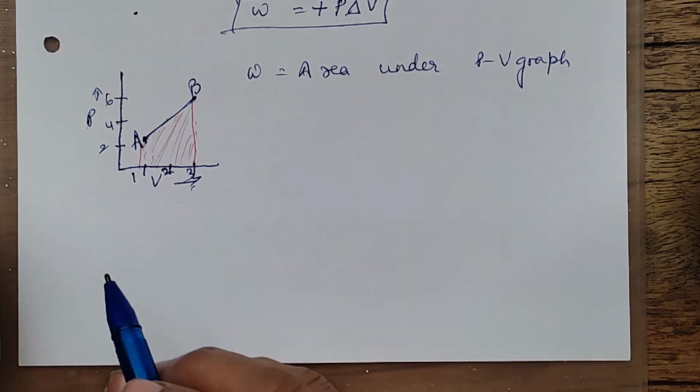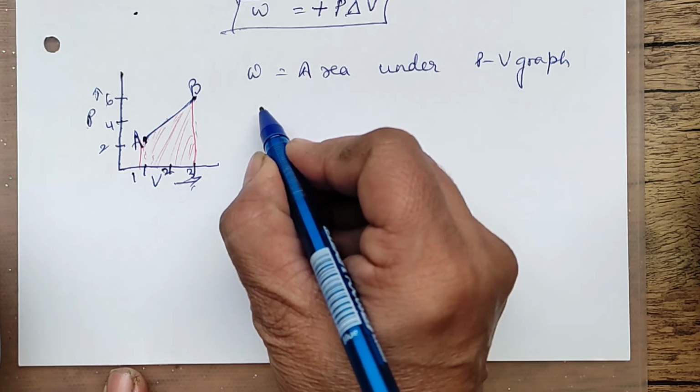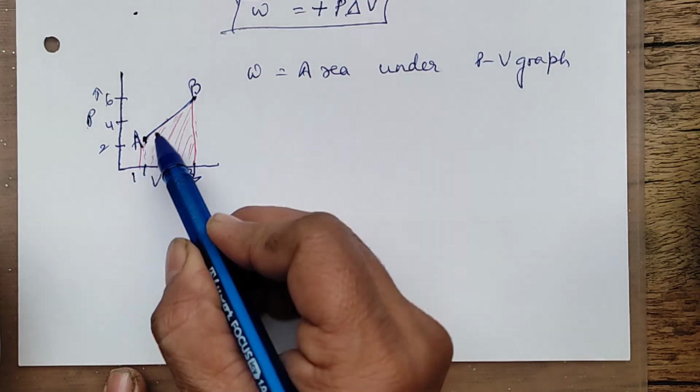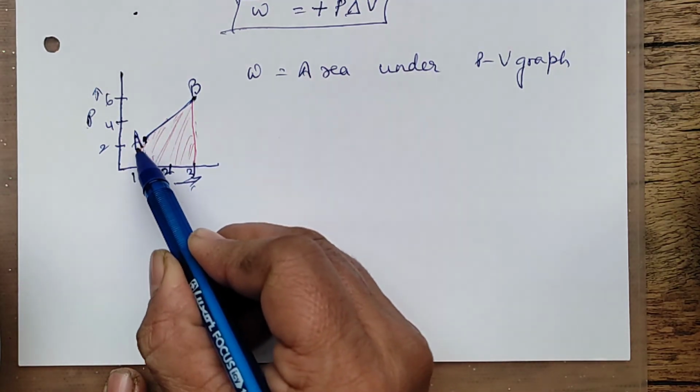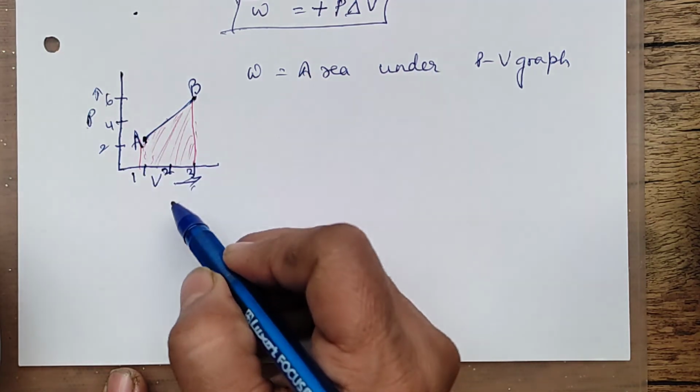Now first, to find out the work done, we will use this: it's a trapezium. So how do you calculate the area of a trapezium?